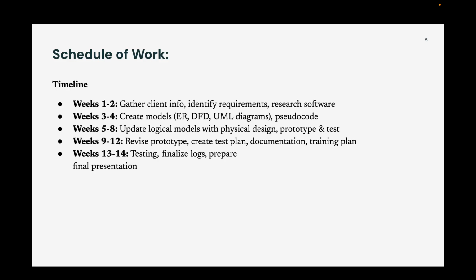We started building and testing. And then in weeks 9 through 12, we started revising our prototype, creating our test plan, documenting our tests and training. And then in weeks 13 to 14, we finished up our testing, we're finalizing our logs, and then preparing our final presentation.